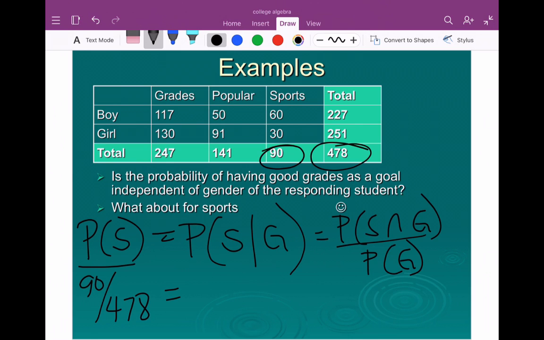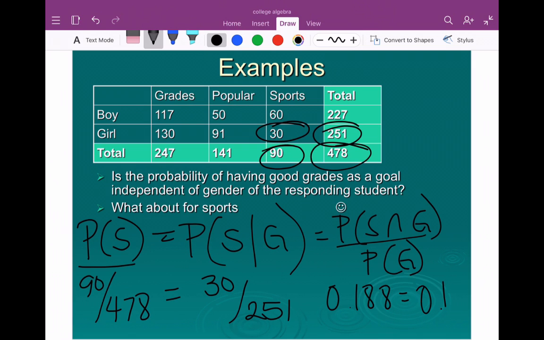So sports and girl is 30, out of girls, 251. If we calculate the percentages, again, we would want them to be exactly the same. The probability of just being good at sports is 0.188. And then the probability of being good at sports given you're a girl is 0.120.